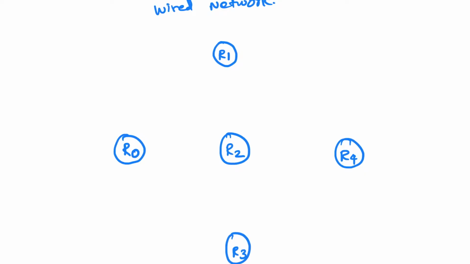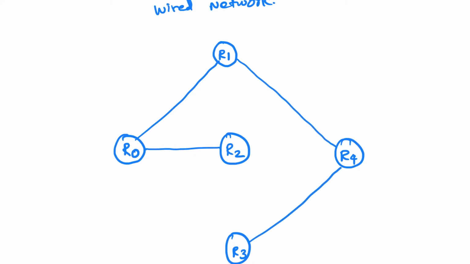So these are the multiple links that I will be having. I just give this link over here. Since it is a wired network, we need to have a wired link between each and every node. So there are 5 nodes in total and we have 6 links: 1, 2, 3, 4, 5, 6, totally 6 links.